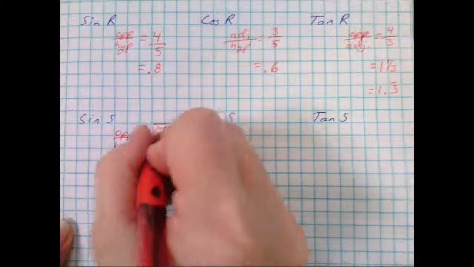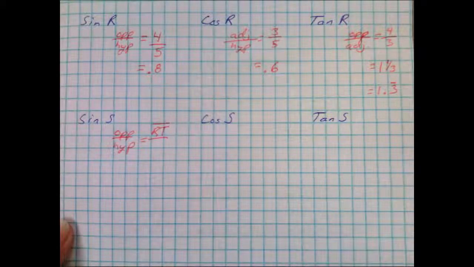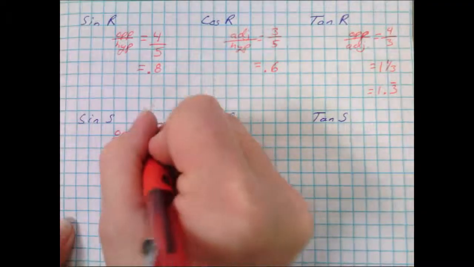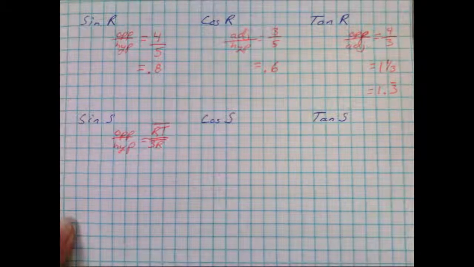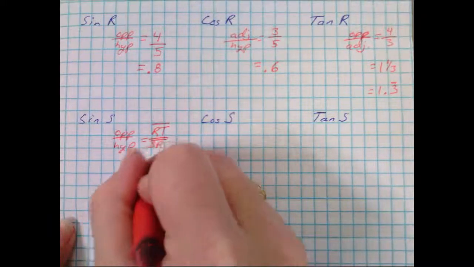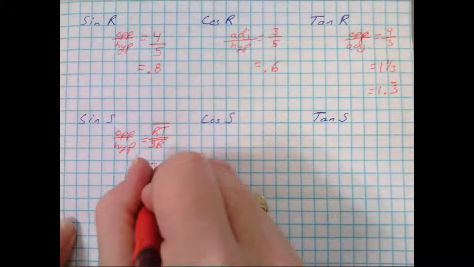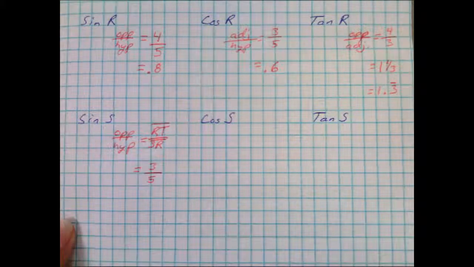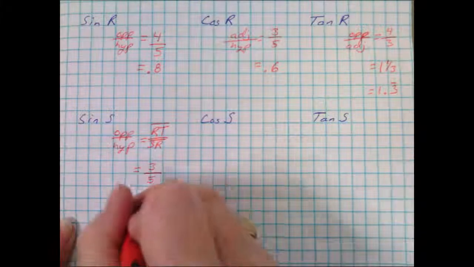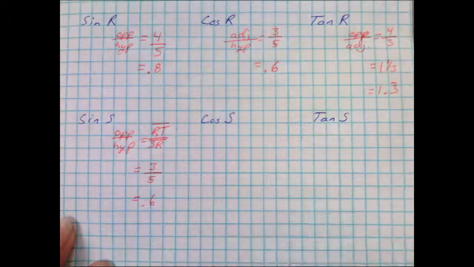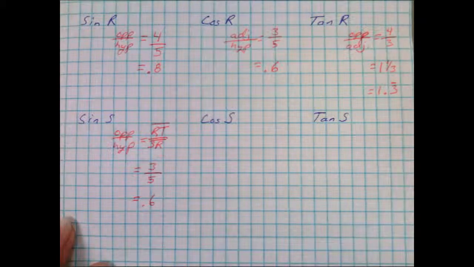Then the hypotenuse is labeled SR. So what are the values of those? RT is 3 and SR is 5. When we change that to a decimal, that becomes 0.6 or 6/10.